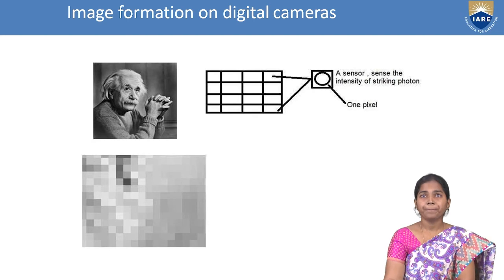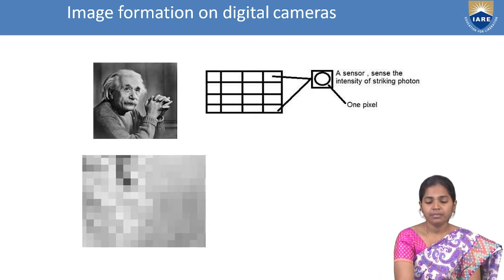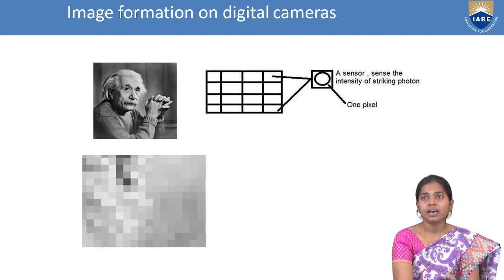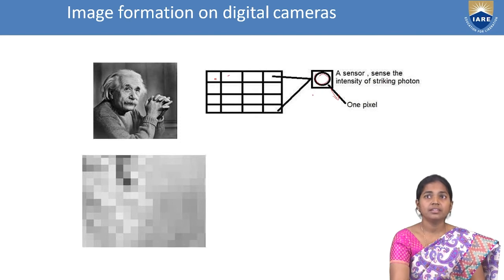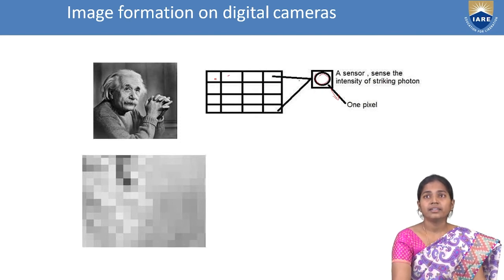And observe here in image formation, this is our image. These boxes are arranged as sensors, and the light energy falls on a sensor. This is one pixel. The sensor sends the intensity of the striking photons depending on the light energy.